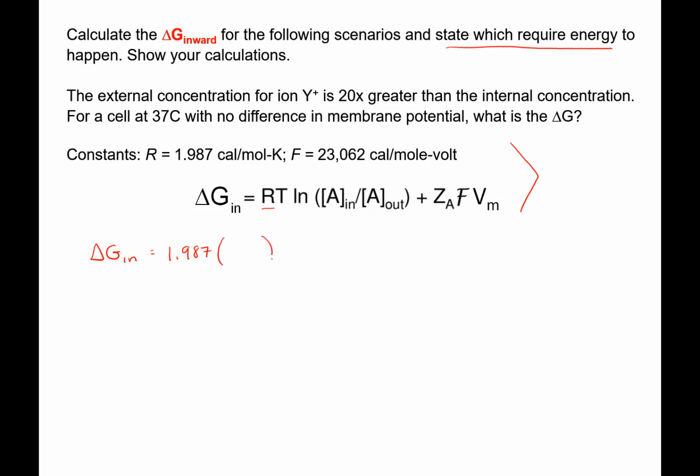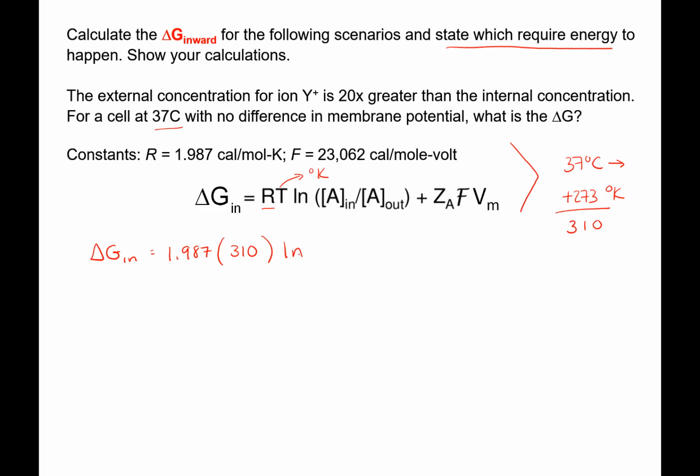The temperature is always in degrees Kelvin, so if I tell you it's 37 degrees Celsius, to figure out degrees Kelvin, you need to add 273. So 37 degrees Celsius is 310 Kelvin.